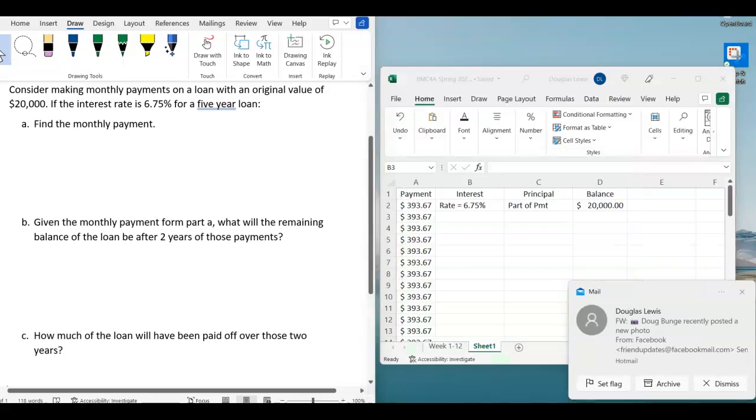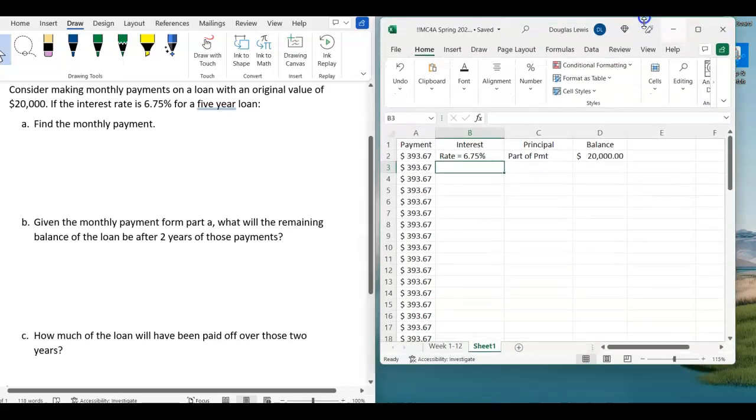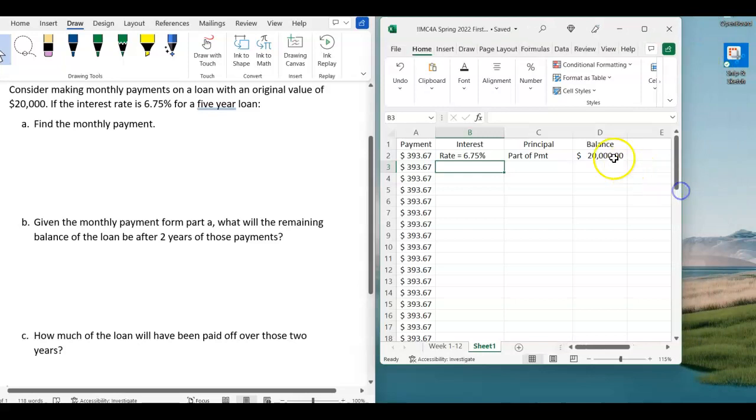But now let's take a look at an amortization schedule. What an amortization schedule does is track the loan as it goes from the original balance of $20,000 down to a final balance of $0. Hence amortization. It kind of puts the loan to death, is what it really means. So how do we deal with this?